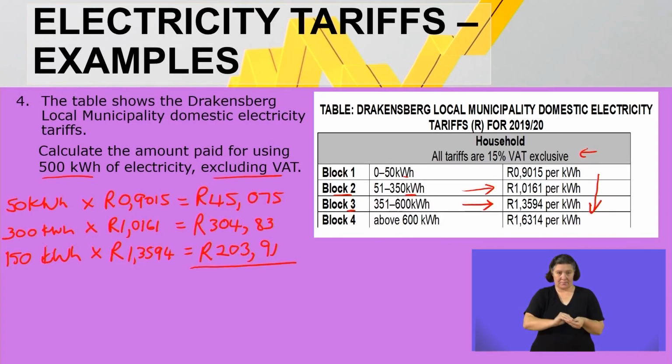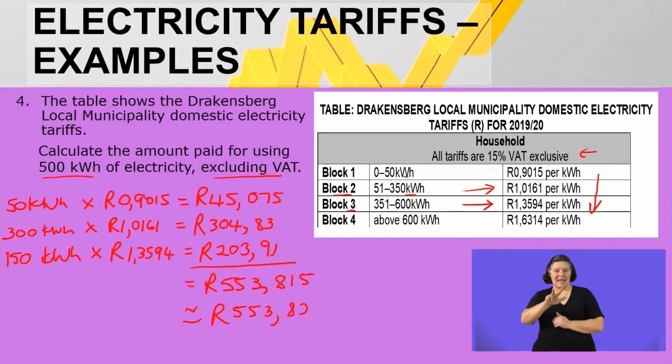So as soon as I simplify this, let me just double check my answer. 45.075 plus 304.83 plus 203.91, and that gives me a total of, all in all, 553 rand. And I'm going to write it like this first. Now I'm going to round it, money rounded to 2 decimal places, 553 rand and 82 cents. So that is our amount without VAT.